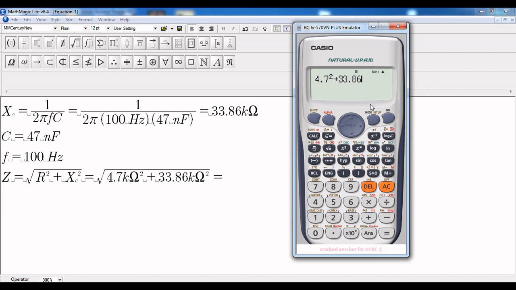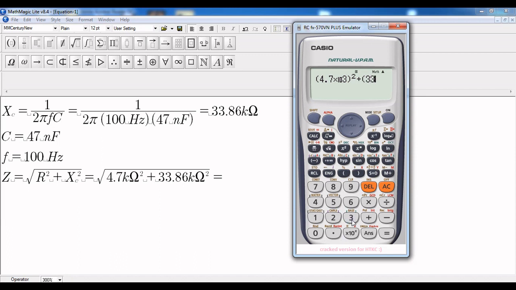Wait, I forgot to put in the kilo ohms, or the K. 4.7 exponent 3 x squared. Just to be safe, let's put open and close parentheses just to make sure that it is correct.